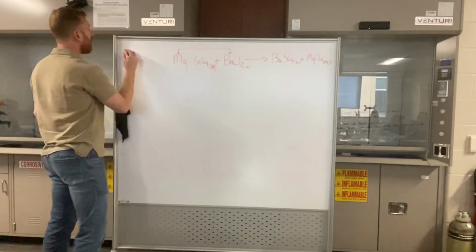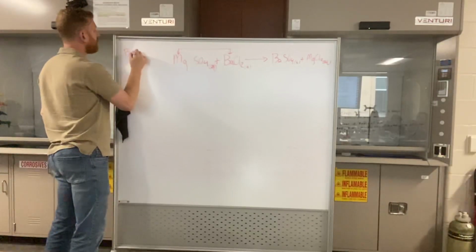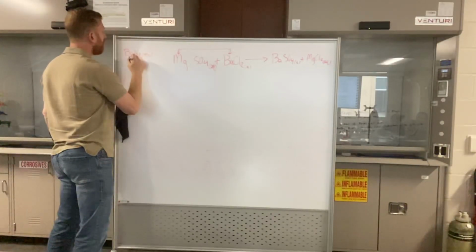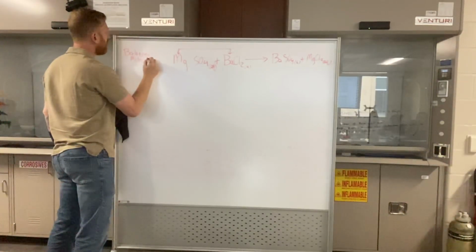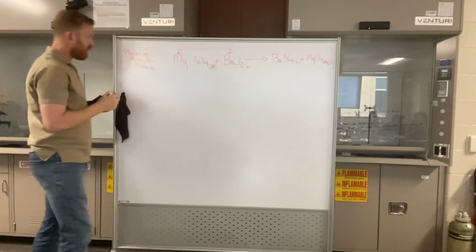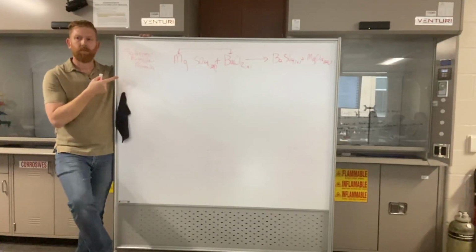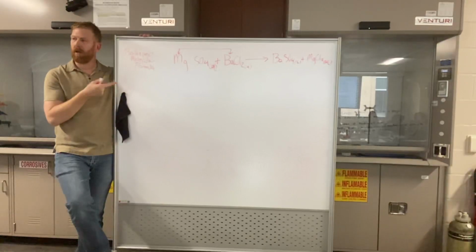So this is what we call a balanced molecular formula. Now, it's not busted out into ions because it has the word aqueous behind it. And aqueous means dissolved in water.